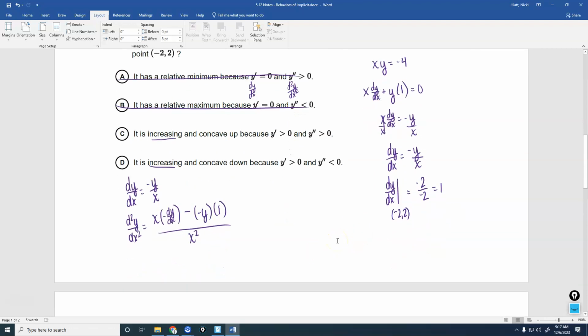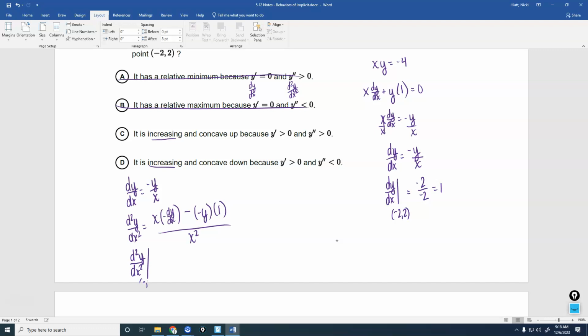Now, for this, you could take dy dx and plug it back in, or we've already found dy dx at this point. So I know dy dx at -2, 2 is 1. So when I'm plugging in the point -2, 2, I can just plug in 1. That's going to be your quickest way to do this. I wouldn't even really simplify much here.